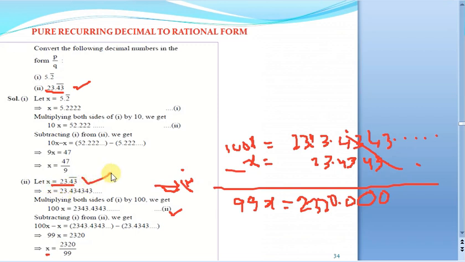So this is the decimal expansion, and for this decimal expansion this is going to be your rational form. Suppose if you want to cross check your answer, just divide this particular numerator with 99. This is exactly what you will get. If this thing is equal to this one, this one also will be equal to this one. Okay, so this is how we can convert this particular pure recurring decimals to the rational form.